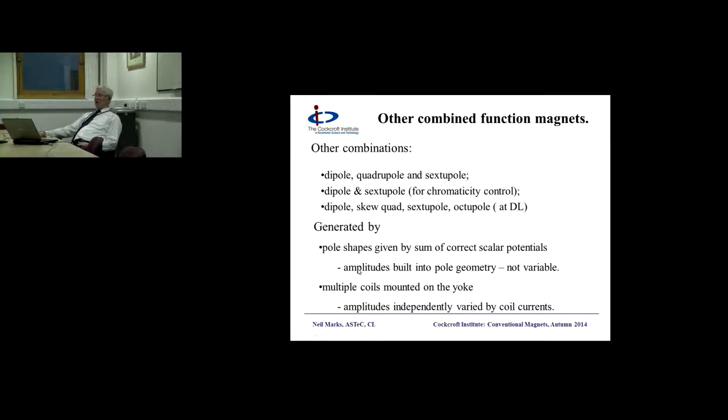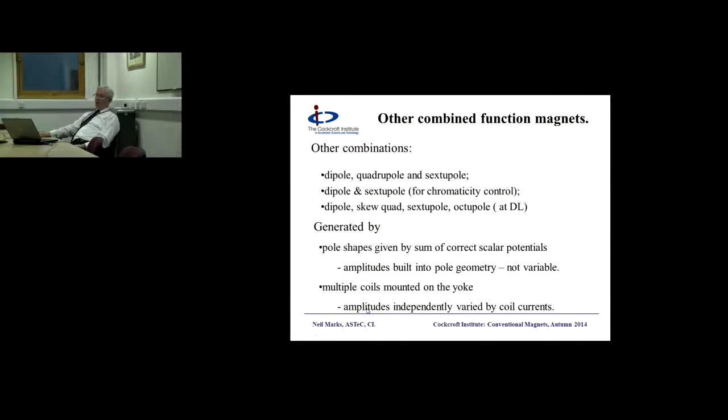But the amplitudes of the dipole, of the quadrupole, of the sextupole, whatever it is that you're building into your combined function magnet, is built into the pole geometry, into the steel, into the shape of the steel. And so it's set in steel, you can't vary it. There can't be a knob in the control room where you can change the gradient of a combined function magnet with dipole and quadrupole. But the alternative is to have multiple coils mounted on a circular yoke.